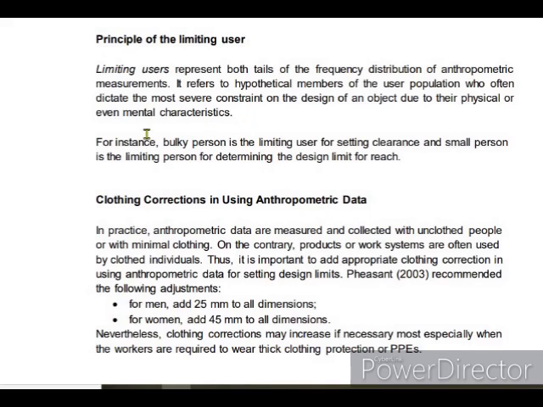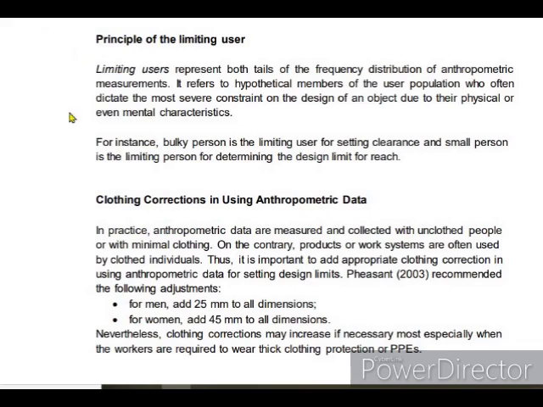And even the mental characteristics, because we have discussed in our last lesson that not only physical but mental characteristics are involved here in ergonomics. For instance, a bulky person is the limiting user for setting clearance, and a small person is the limiting person for determining the design limit for reach.